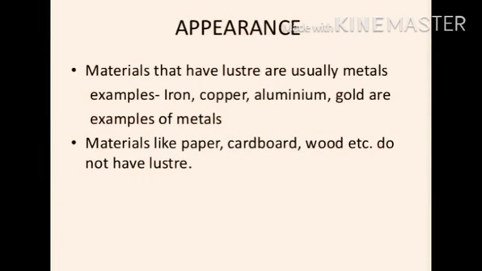Now the appearance of any material can be described in terms of any one or more of the following properties: color, texture, luster, hardness. First, color. Natural material have their characteristic color. The man-made material can be given any color by the maker.